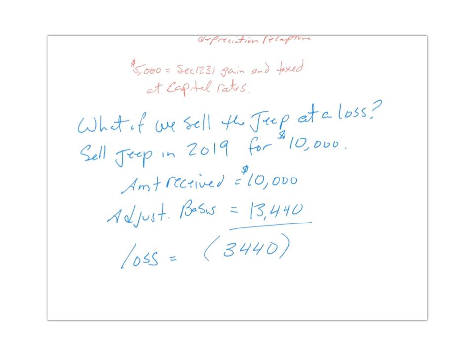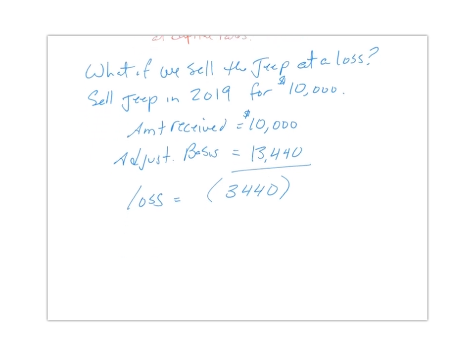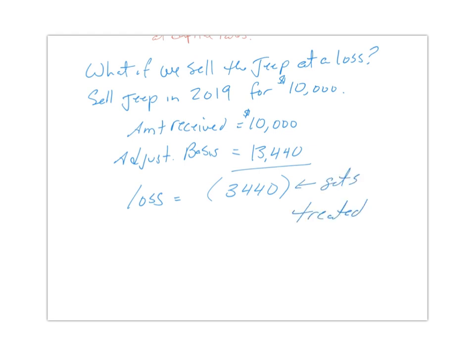Well, this is the cool thing. Since this Jeep was business use property used in our business for more than a year, this loss gets treated as an ordinary loss.